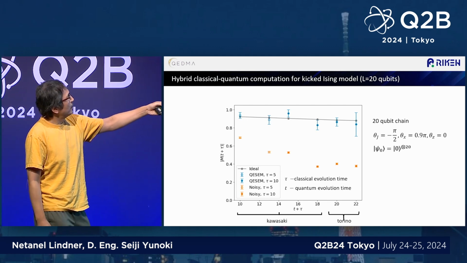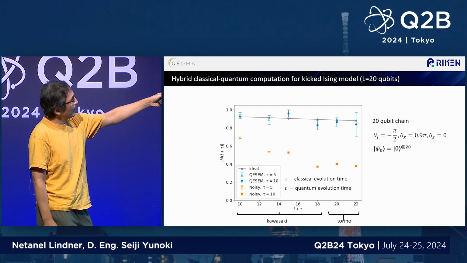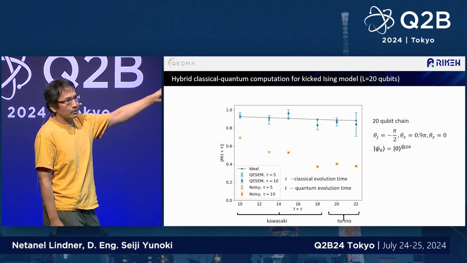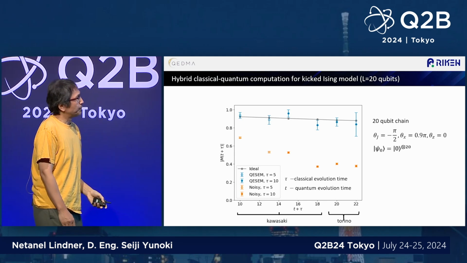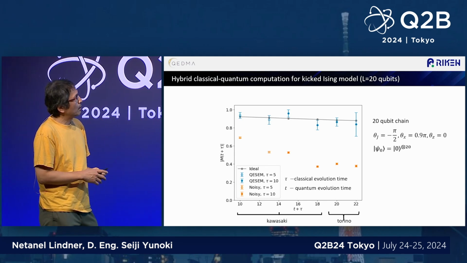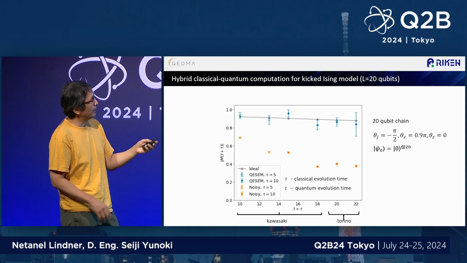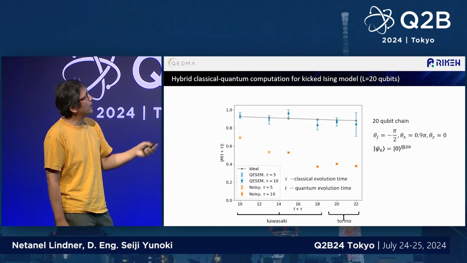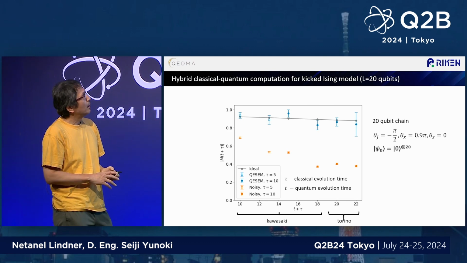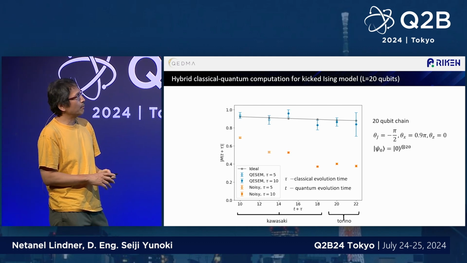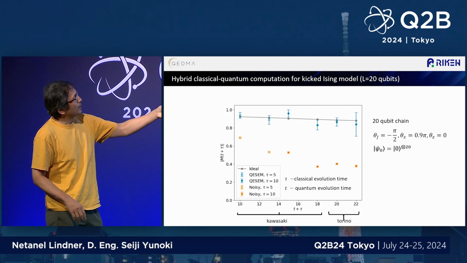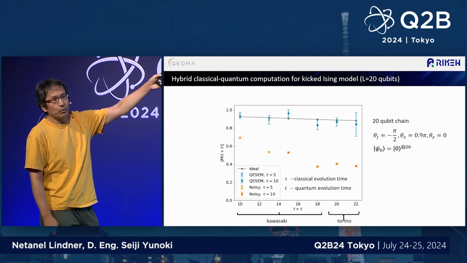The yellow is the experimental value of the magnetization, which is still away from the exact value denoted by gray circles. However, if we use the unbiased error mitigation method, QESEM, one can again reproduce exact values indicated by blue.